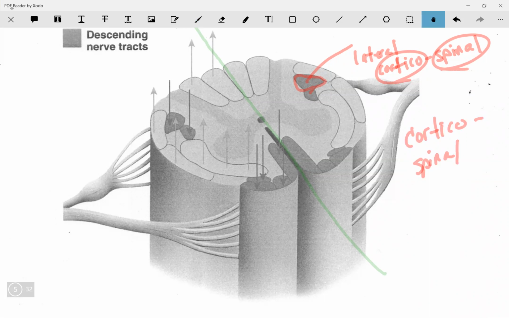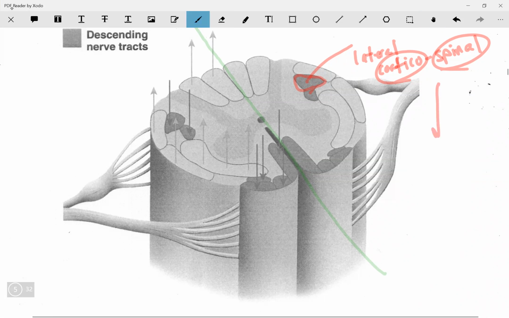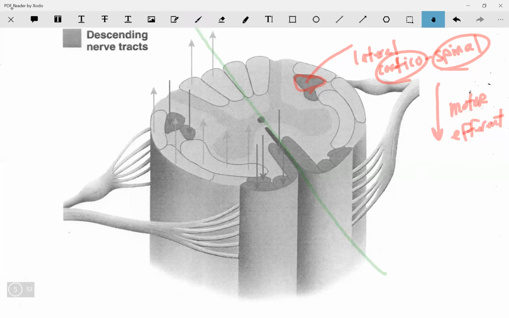All right, so cortex to spine, corticospinal. This is letting you know it is descending motor, efferent. Okay, they're all the same thing. Descending pathways, motor pathways, efferent pathways.